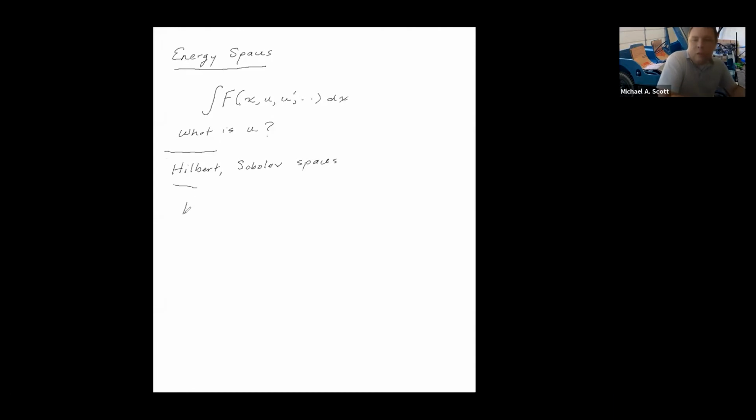So L2, it's going to be all those functions W such that when you take W and you square it and then you integrate it, that's a finite value. Okay, and so we call these functions square integrable.